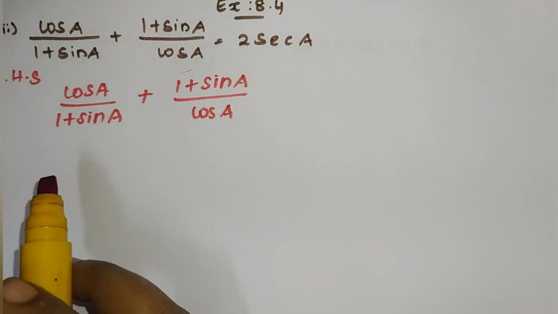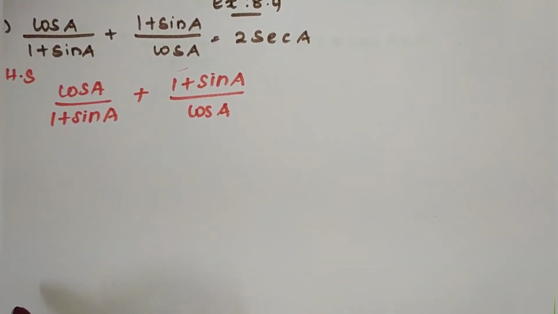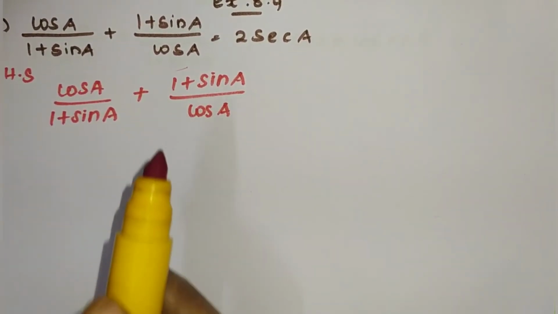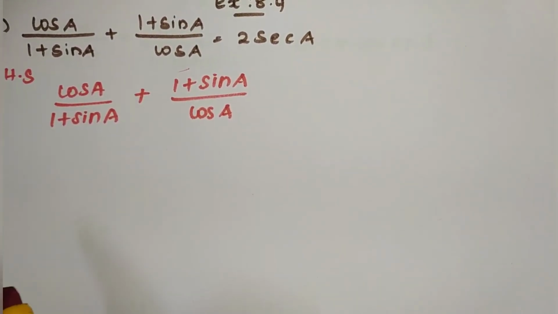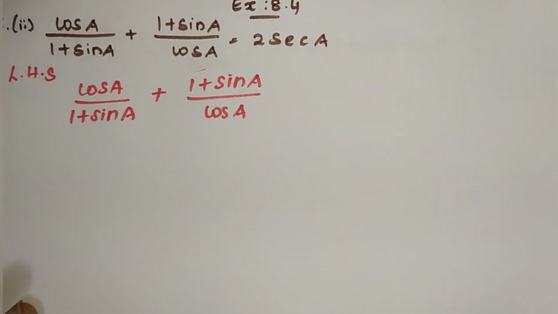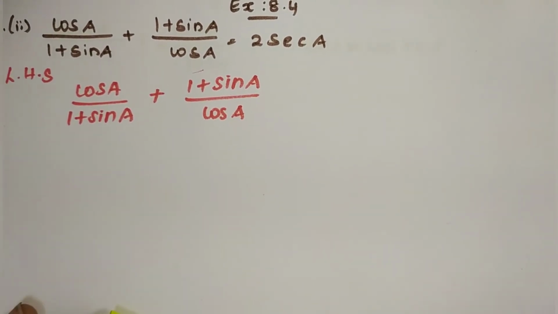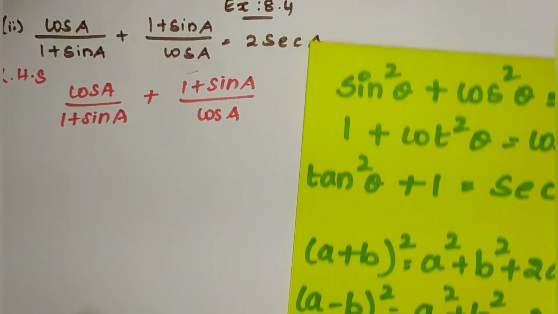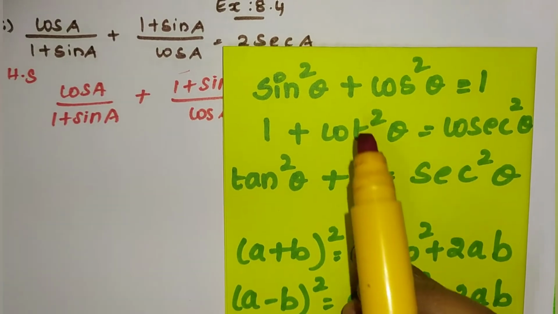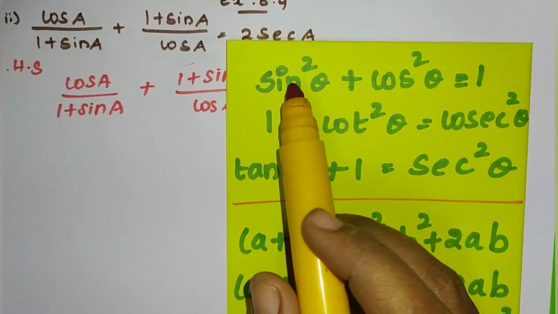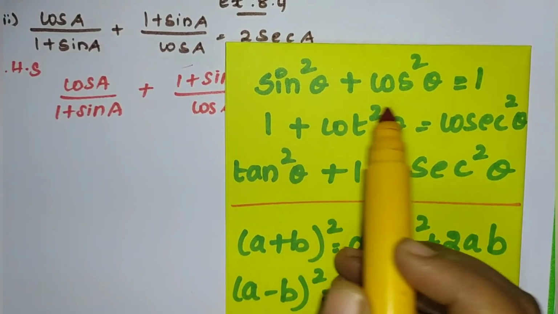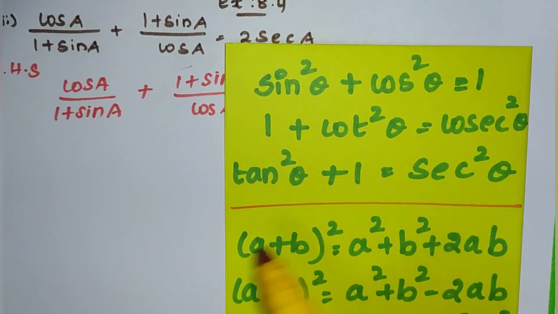Here we don't have any square, so we can't apply the trigonometric identities here. You have to simplify and then only we can apply the trigonometric identities. Before that, for all the problems, you have to write the identities. First, the identity is sin square theta plus cos square theta is equal to 1.